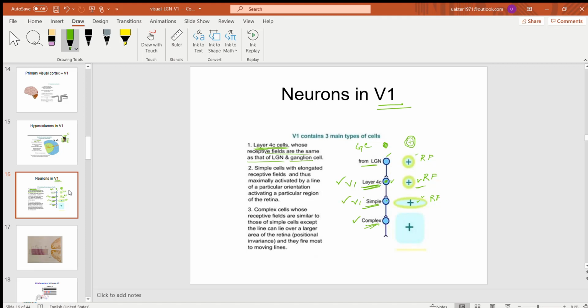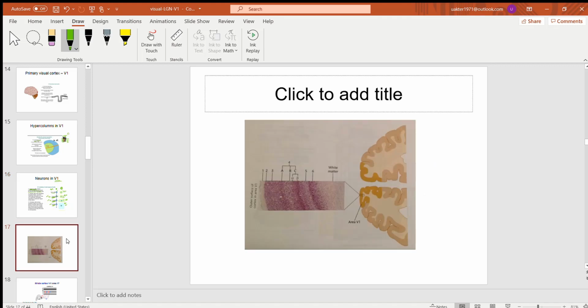And since a number of simple V1 cells converge on a complex cell, you will see the complex cells have a large visual field, receptive field, and only they have on center. So those are 3 types of cells in the V1 or primary visual cortex.